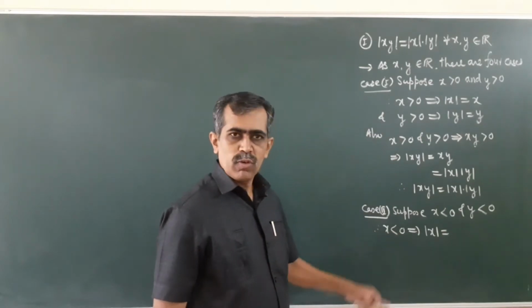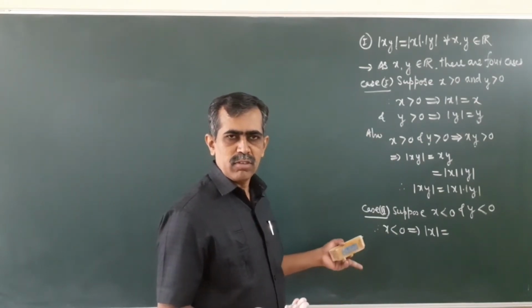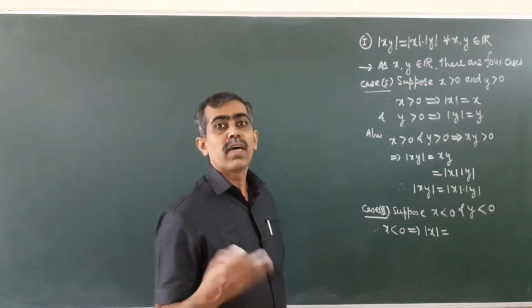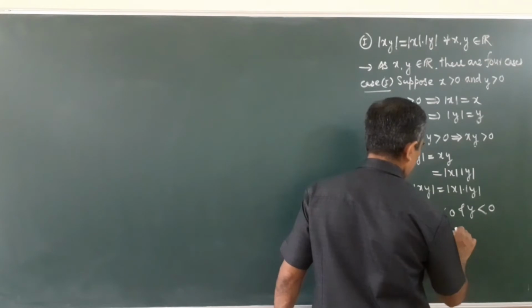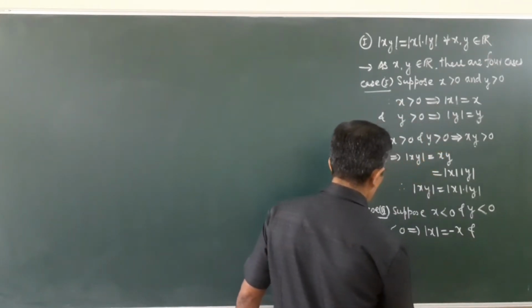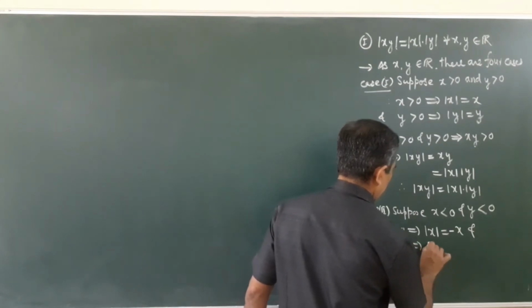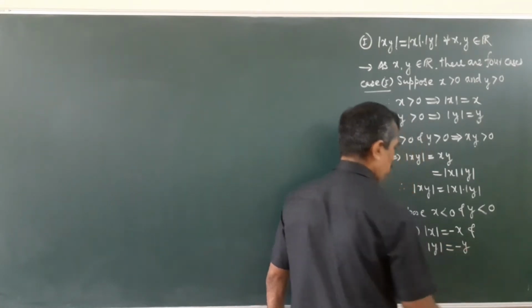X is negative. So what is mod of x? Suppose x is minus 5. Its mod will be minus of minus 5. So here, if x is negative, mod of x is minus x. And what about y? Y less than 0 implies mod y is equal to minus y.